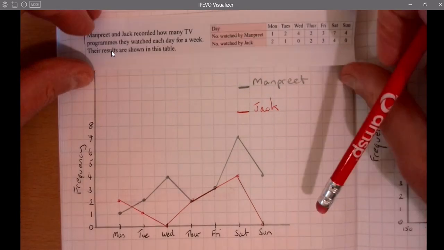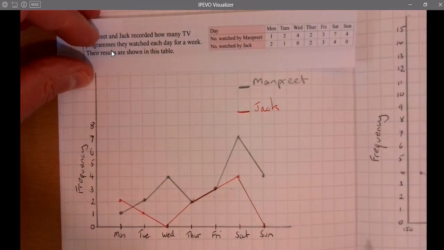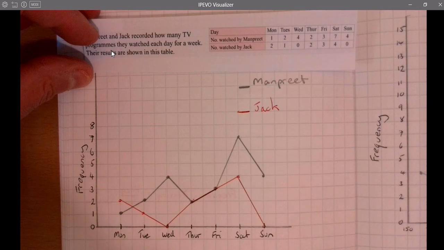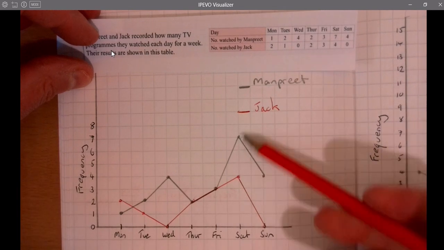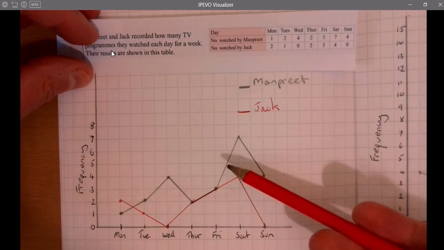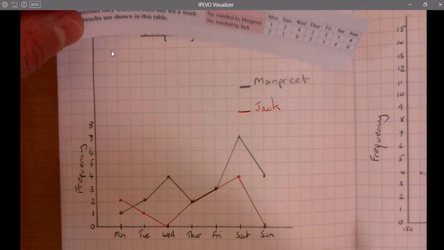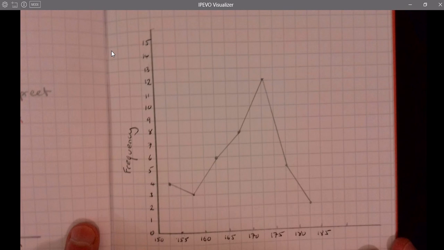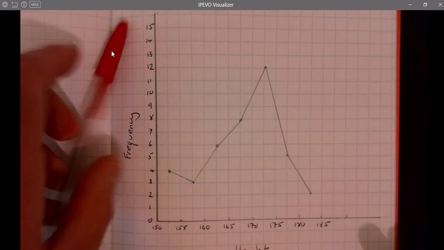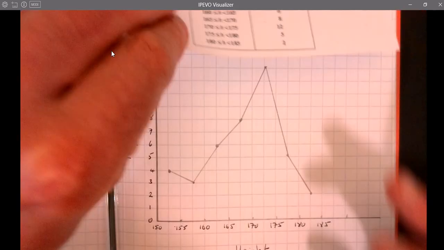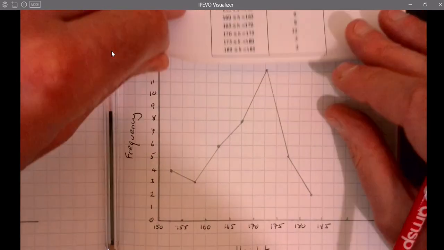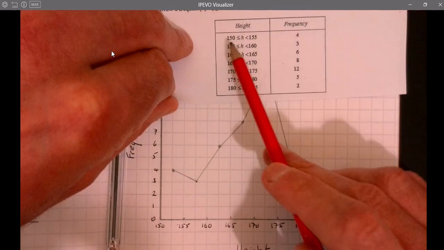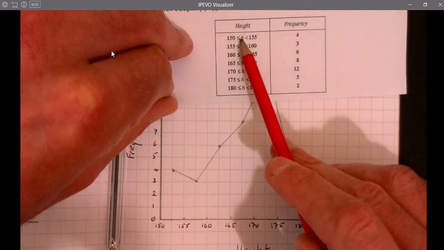So we've got a couple of different types of frequency polygons here. We've got something where we can easily put 2 on the same diagram. And then we had the other one that we looked at, which, when I think frequency polygon, I'll be honest, that's usually what I'm thinking of, where we've got these ranges of numbers and we plot against the midpoint.